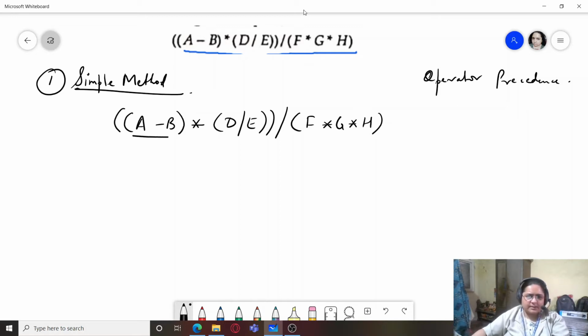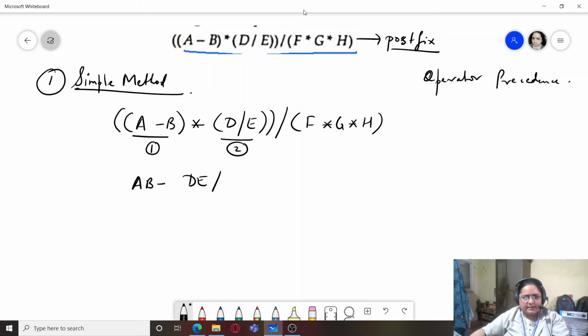First we will start with this one, then we will do this one. So it would be A, B minus. I'm converting this into postfix form. So A, B minus, and then D, E division. Then there is a multiplication here. So I will write multiplication like this.